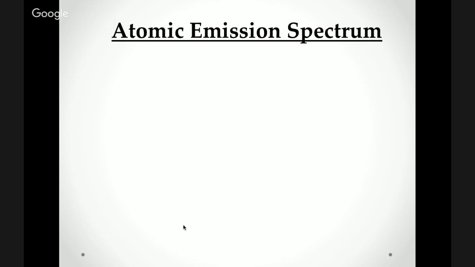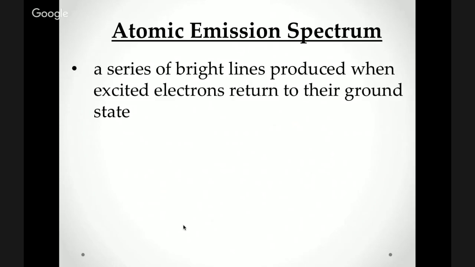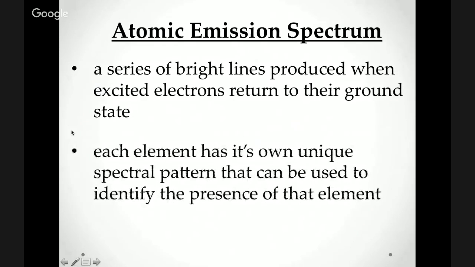When we look at the emission spectrum, we want to understand that it's a series of bright lines produced when excited electrons are returning to their ground state. So it piggybacks on what we just talked about. Each element has its very own unique spectral pattern that can be used to identify if that element is present in whatever the situation may be.